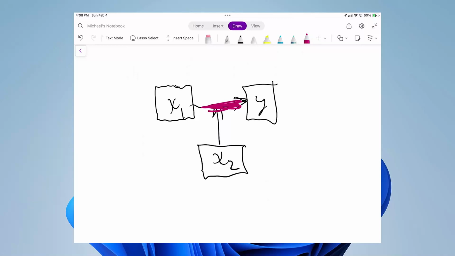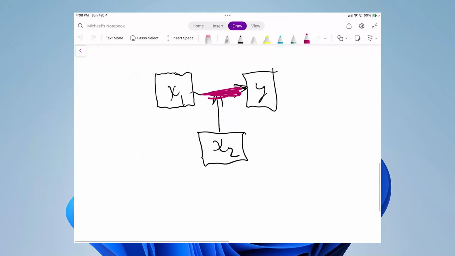So in the past video series, I went through this and we looked at how the slopes of the line when we predict y from x1 might differ for different values of x2.